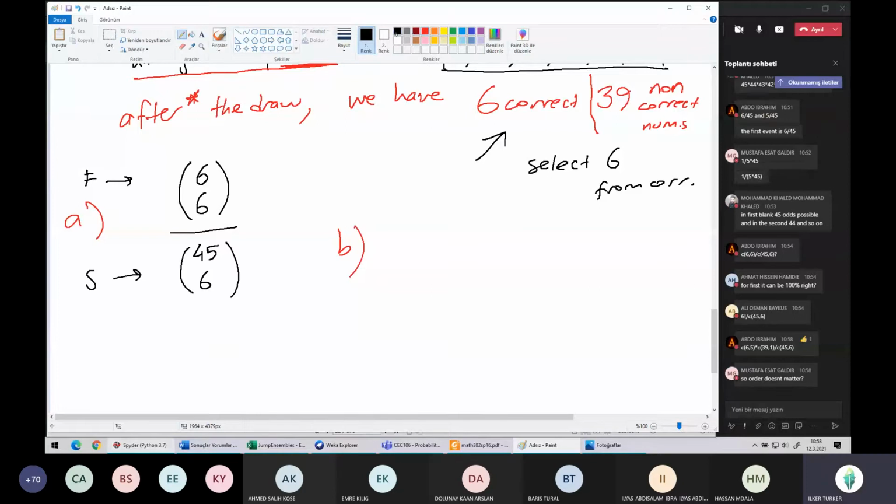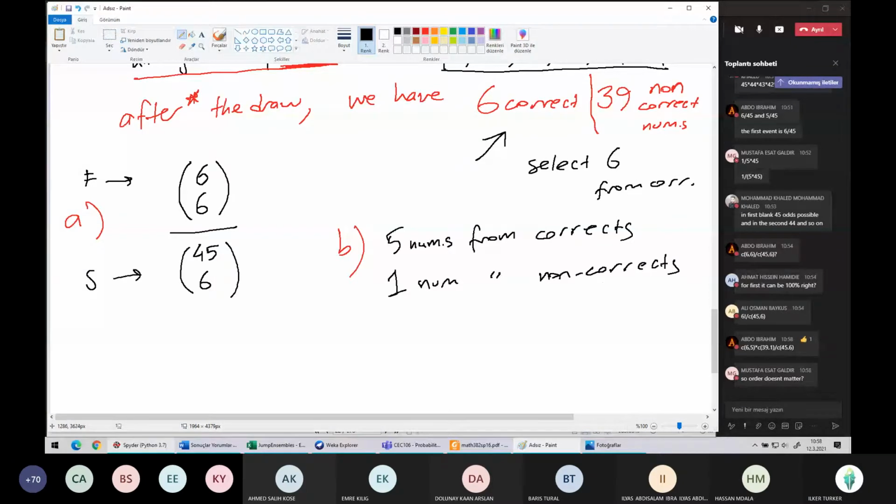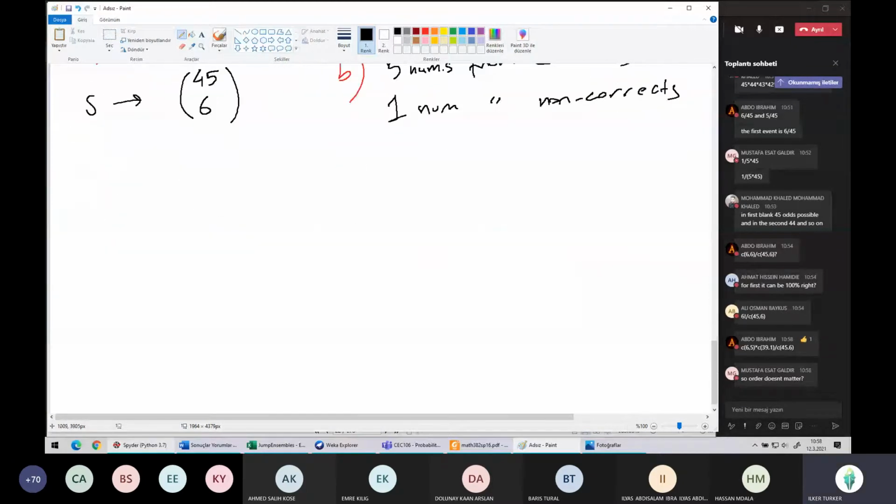Part B, 5 numbers correctly. 5 numbers from corrects, 1 number from non-corrects. That means 5 numbers from 6 corrects, 1 number from 39 non-corrects over sample space.